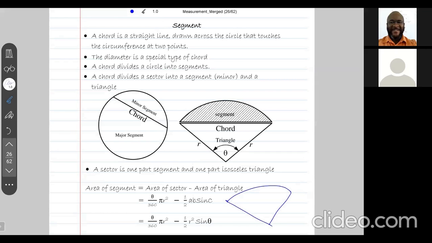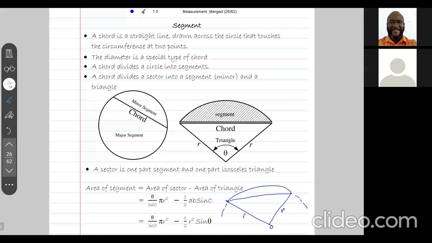Remember that the arc is part of the circumference. So this is the sector, this is the center of the circle. This is radius and this is radius. Now, if I draw a line from here to here, that line is called a chord.